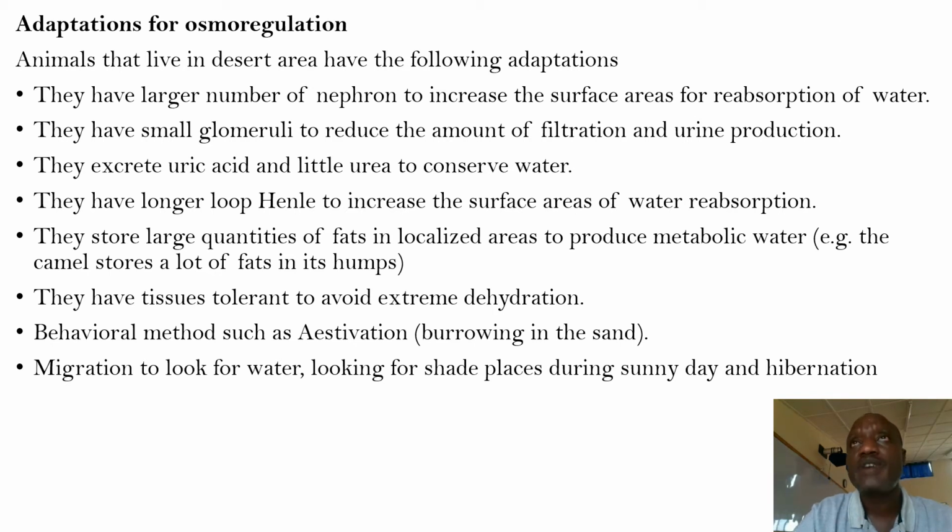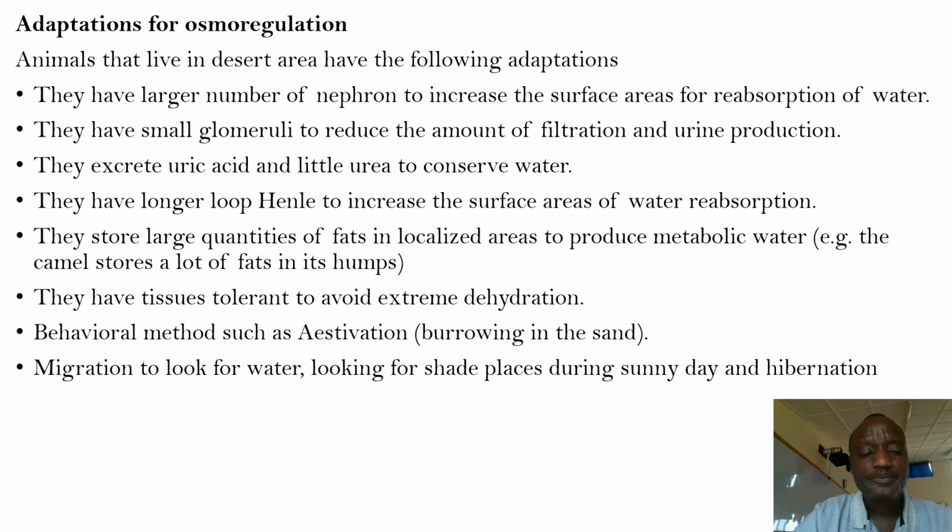How do they survive in such environmental conditions? These animals also need their water content and salt concentration in their body tissues to be regulated. So now we are going to go through this list. Animals that live in desert areas have the following adaptations.